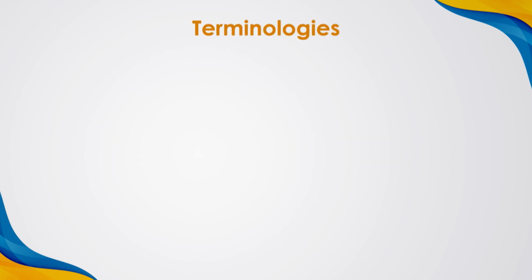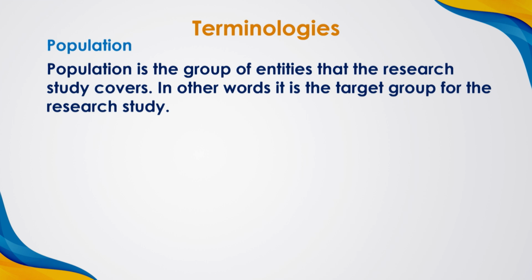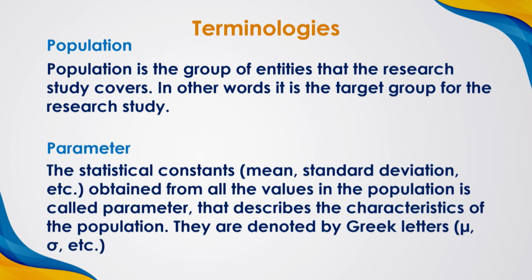Terminologies. The first term one should know is population. Population is the group of entities that the research study covers. In other words, it is the target group for the research study. Parameter. The statistical constants, that is mean, standard deviation, etc., obtained from all the values in the population is called parameter.